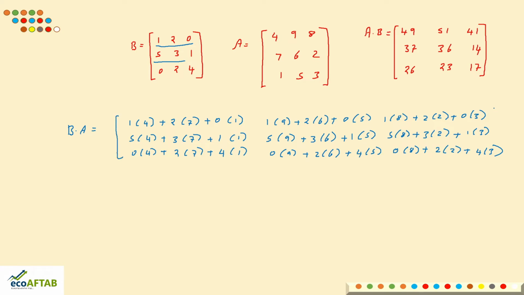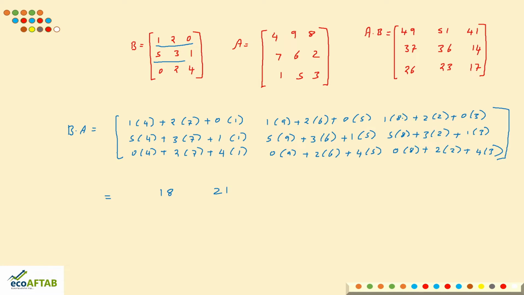Now when I further solve it, let us see what we are going to get. We are going to get a matrix where 4 ones are 4, 2 sevens are 14, 14 plus 4 is 18. Similarly, 9 ones are 9, 2 into 6 is 12, 0 into 5 is 0. So 12 plus 9, that is 21.